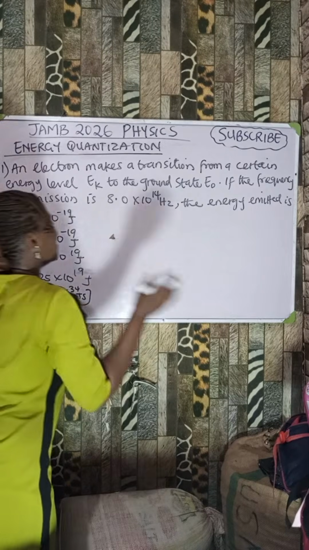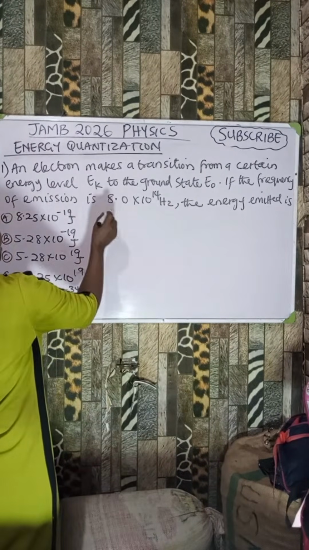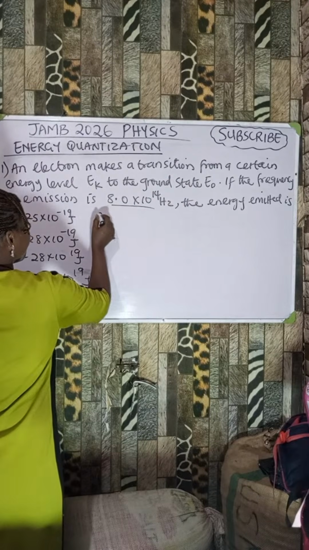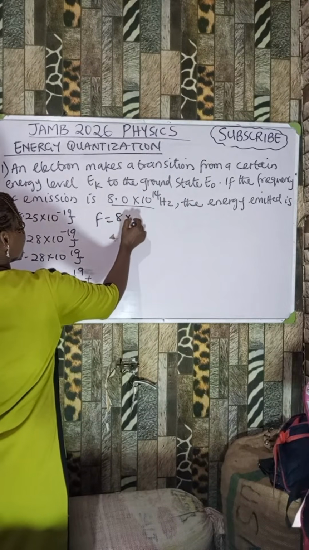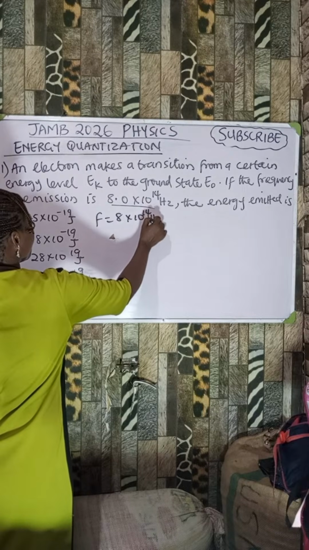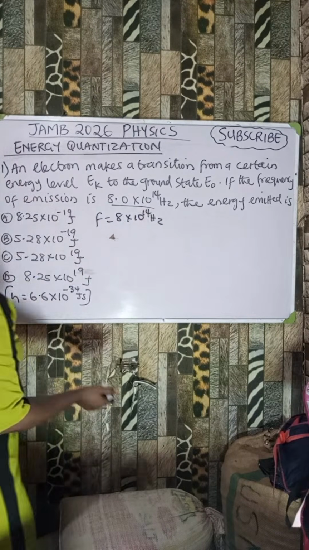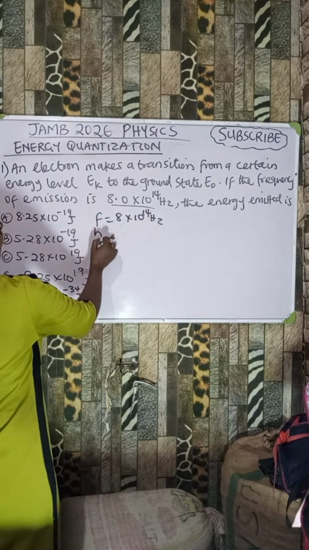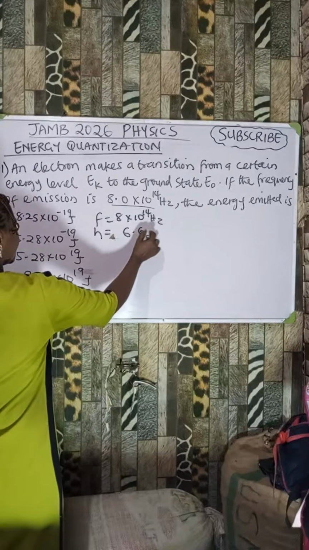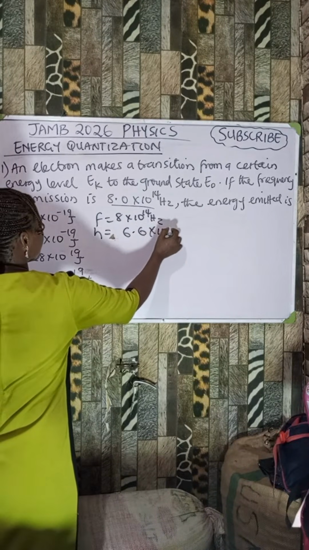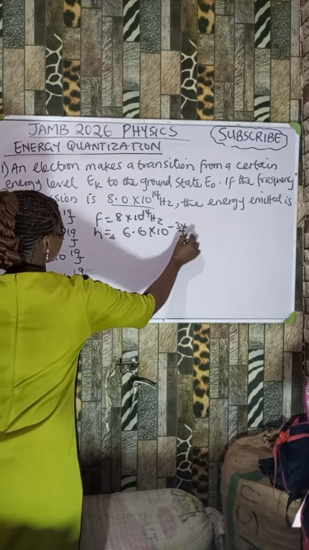Let me state the parameters. We are given the frequency F to be 8 times 10 to the power of 14 Hz, and Planck's constant H to be 6.6 times 10 to the power of minus 34 joules second.